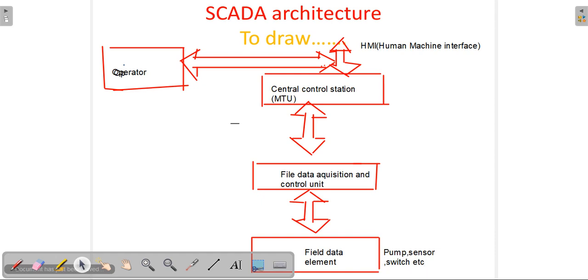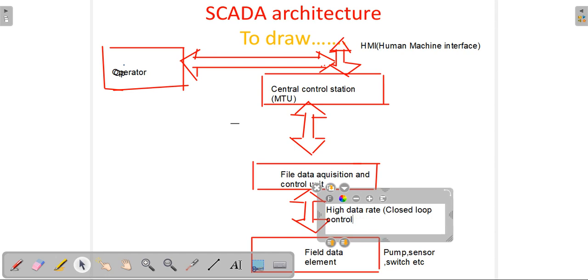So generally whatever the channel we have here, this is a high data rate. Generally it is closed loop control. Here I will explain all these things. First I will write these things. So this is closed loop control here.